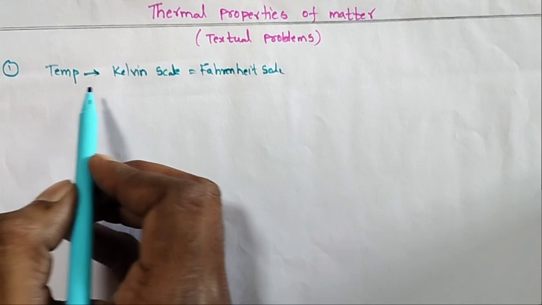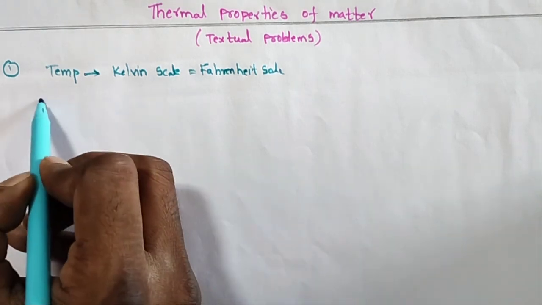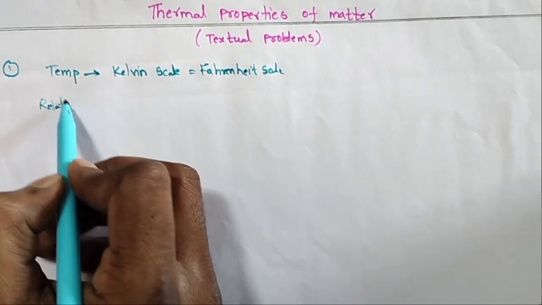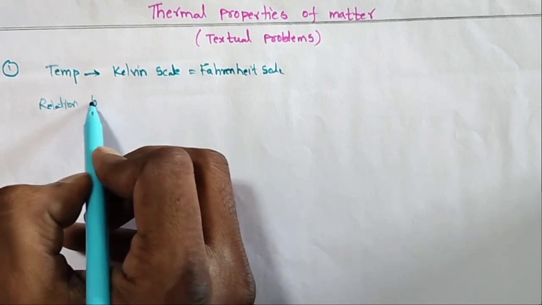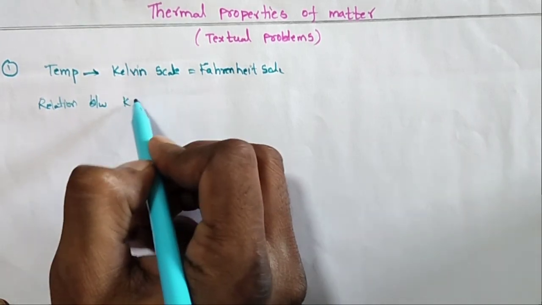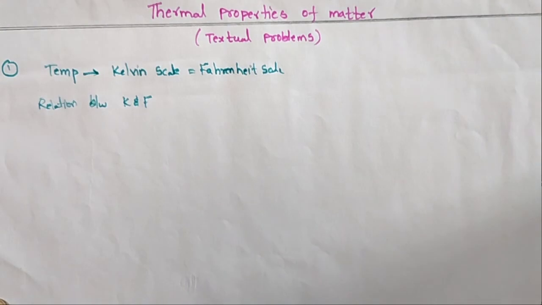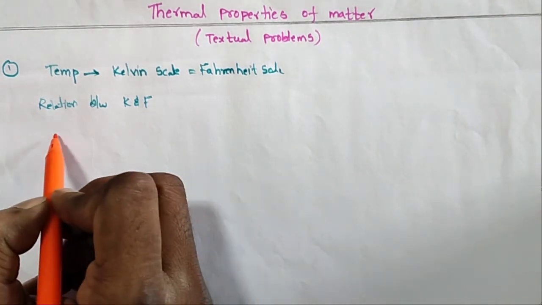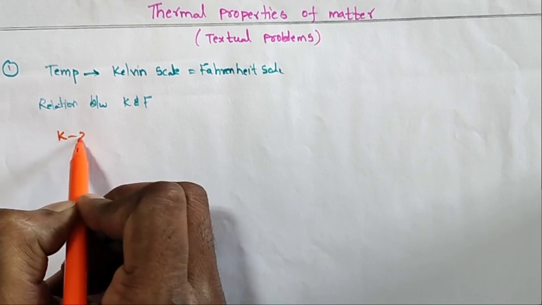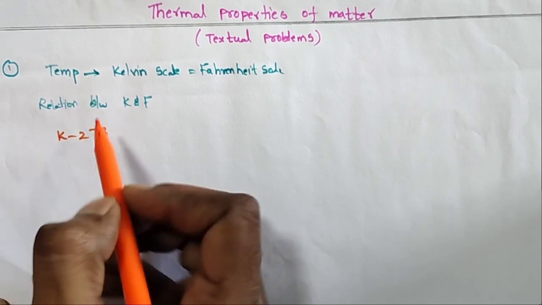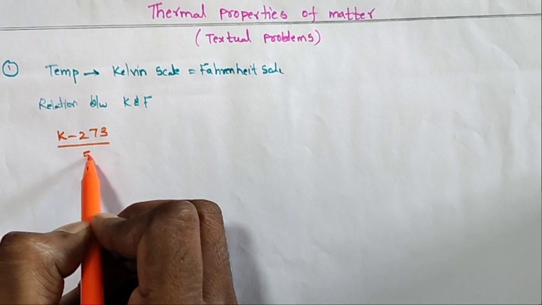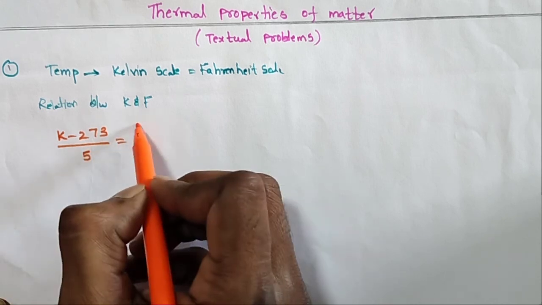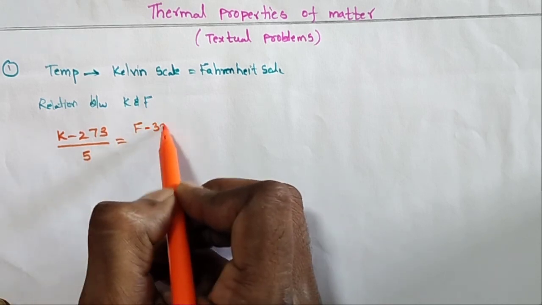So what is the relation between the Kelvin and Fahrenheit scales? We know that very well: (K minus 273) by 5 is equal to (F minus 32) by 9.